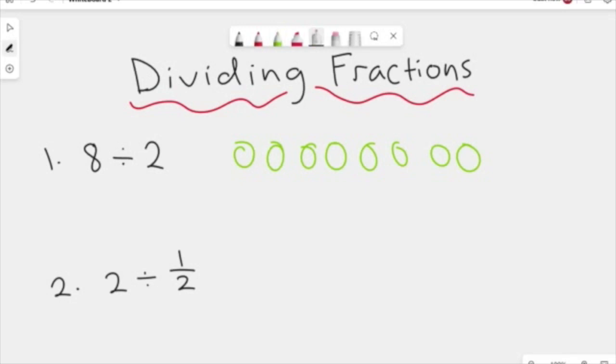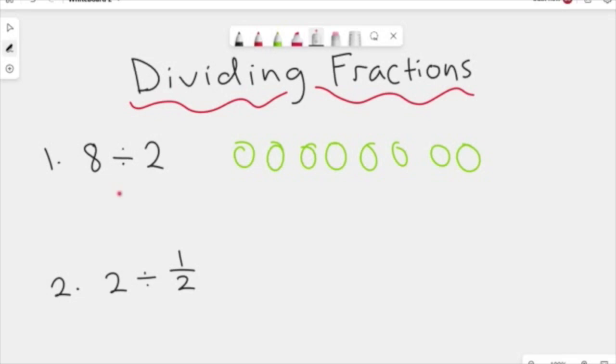So if I'm saying, all right, well, what's 8 divided by 2? We're essentially just saying, well, how many times does 2 go into 8? That's essentially what dividing is, right? It's kind of just the backwards step.